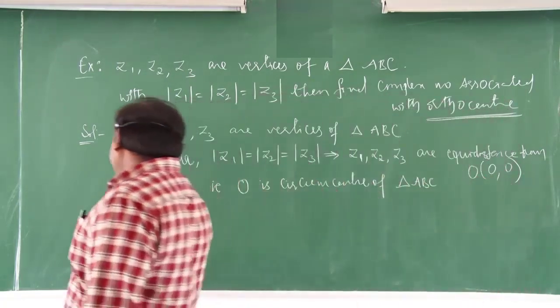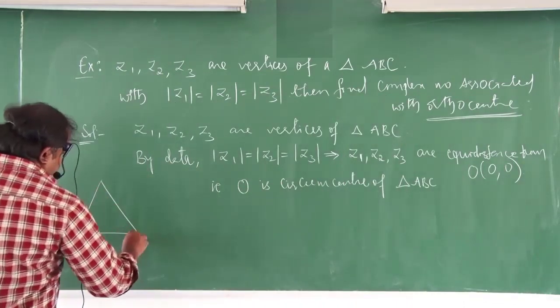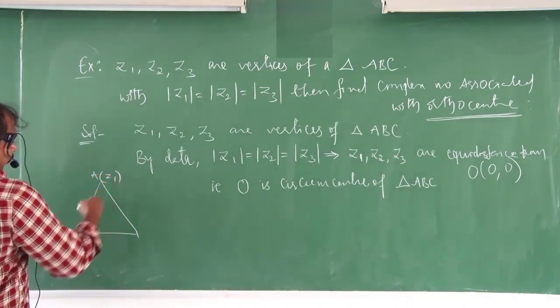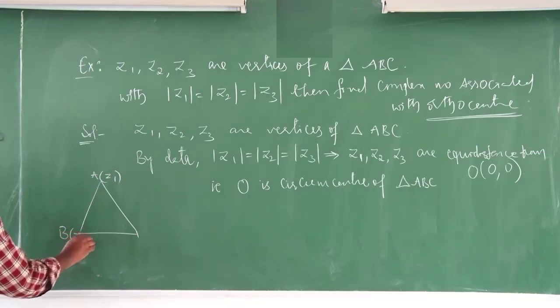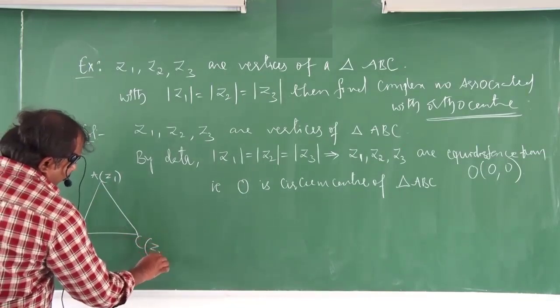So here, let this be A of z1 first point, B of z2, C of z3.